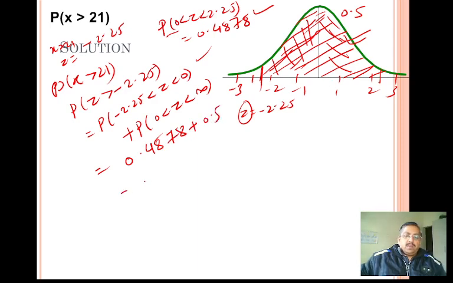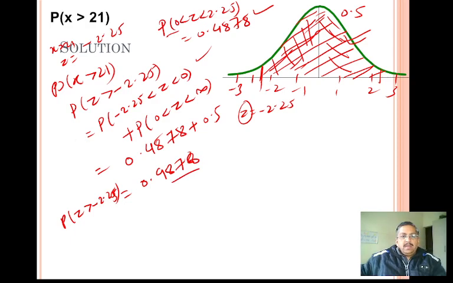So probability of z greater than negative 2.25, or basically probability of x greater than 21, is 0.9878, right? This is the answer for you. Hope it is clear to you.